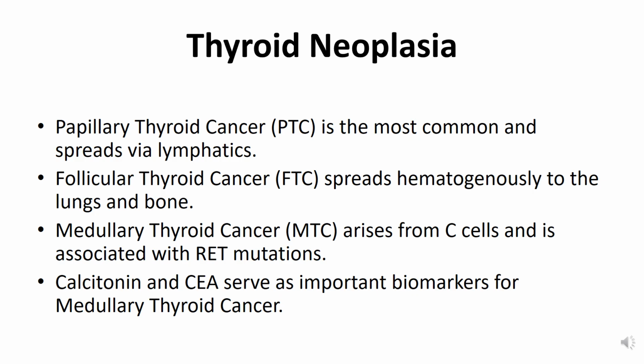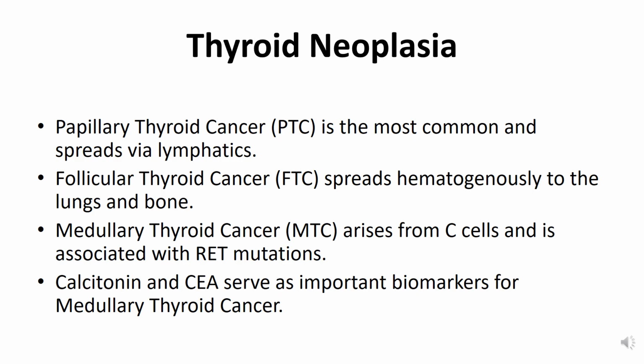This allows distant metastases to develop more commonly in organs such as the lungs and bones. Patients may therefore present with bone pain, fractures, or pulmonary lesions if advanced disease is present. Diagnosis can sometimes be challenging because distinguishing follicular adenomas from carcinomas often requires evidence of capsular or vascular invasion.